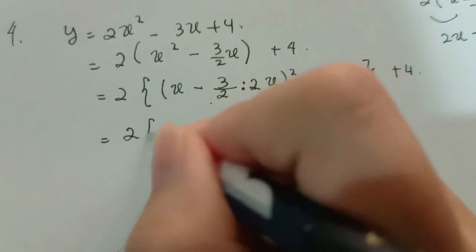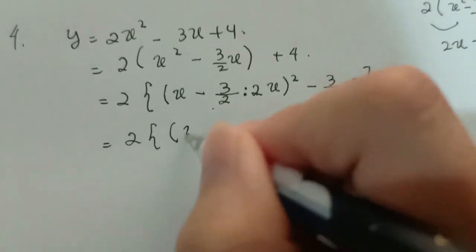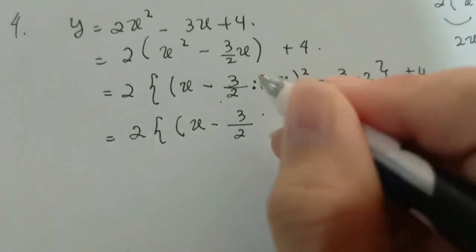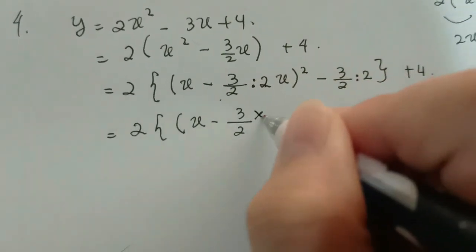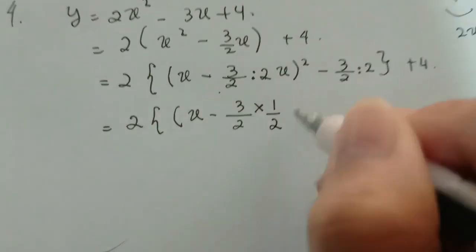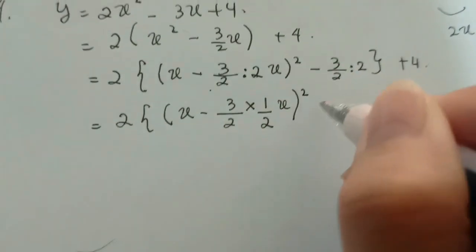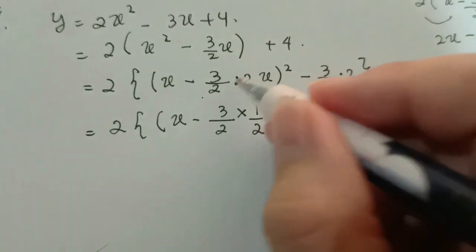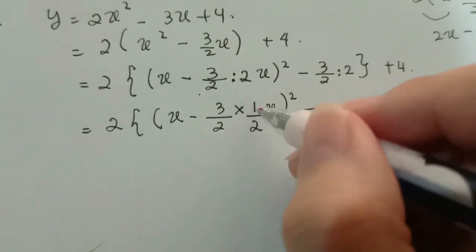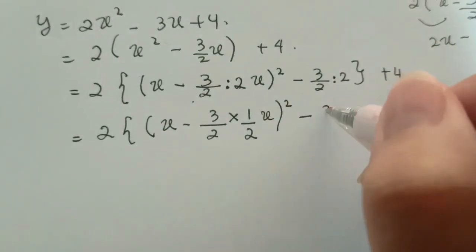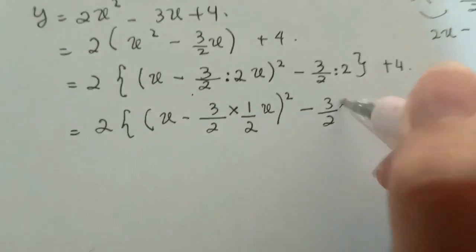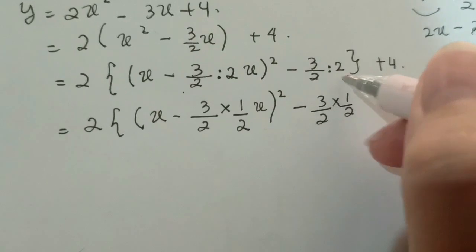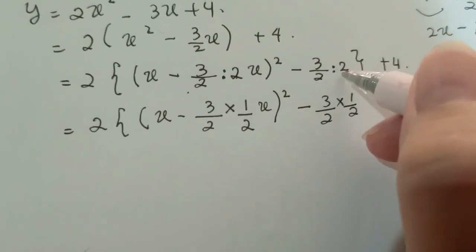Now x minus 3 per 2, divide 2 like this, will become multiply 1 per 2. x quadrat minus, we have to switch. When you have this divide 2, we have to switch, become 1 per 2. 3 per 2 multiply half. We switch 2 to become the lower part, and then this is 2 per 1, right?